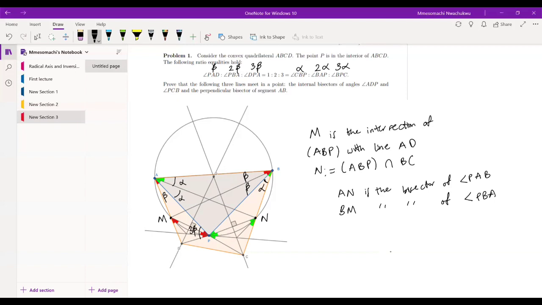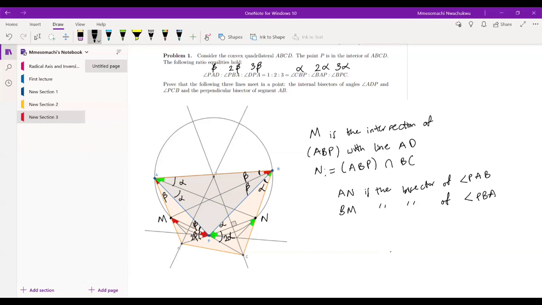So this is going to be alpha, and this will be 2 alpha. Okay. In a similar fashion, this angle here is going to be equal to this angle, angle subtended by the chord AM. So this will be beta, and this will be 2 beta. So we split it. Okay.